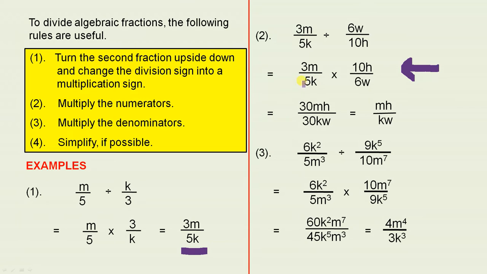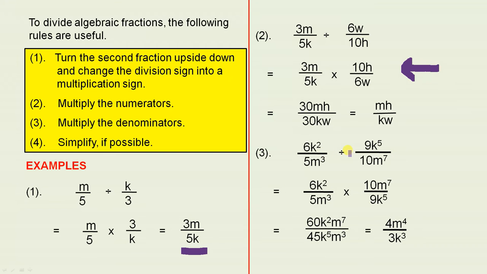You might choose to go 5 into 5 goes once, 5 into 10 goes twice, 3 into 3 goes once, 3 into 6 goes twice, 2 into 2 goes 1, and 2 into 2 goes 1. So that will also leave you with 1 over 1. So you can cancel first if you like. You don't have to multiply the numerator and denominator straight away. If you see an opportunity for cancelling first, you're welcome to do that.